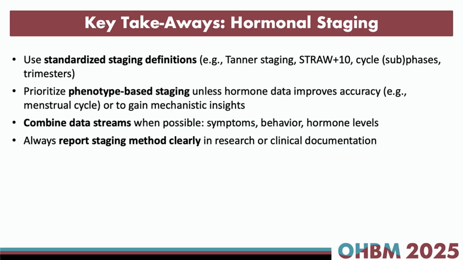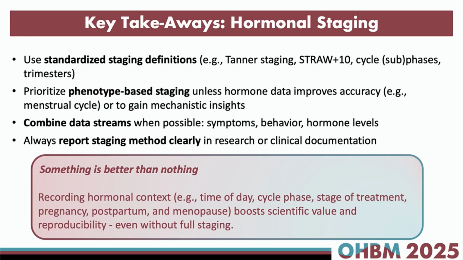So for example, in hormonal staging, or you are interested in the mechanisms underlying it. Then, if possible, please combine data streams, so symptoms, behavior, and hormonal levels, and always, no matter what you do, report the staging method clearly, so everyone knows what has been done and can replicate it.